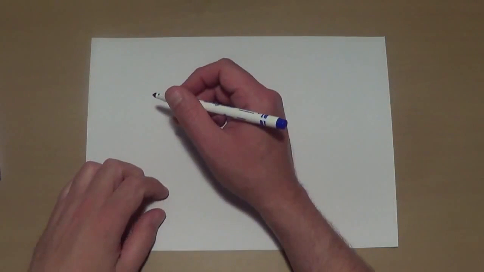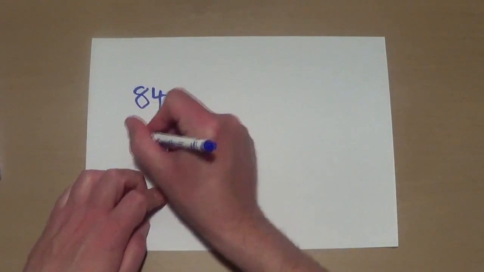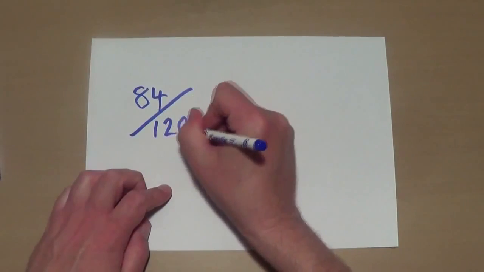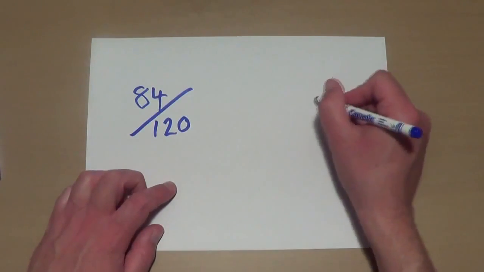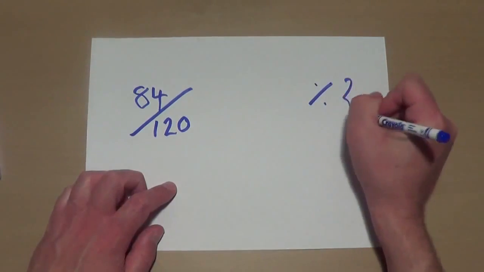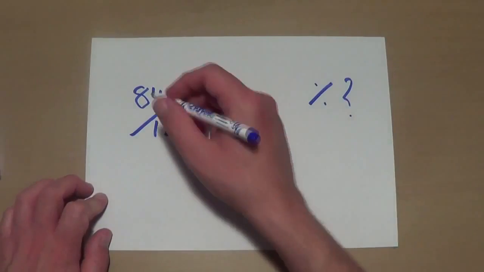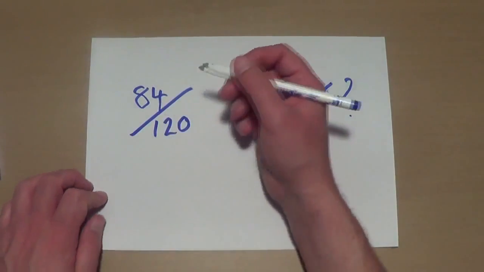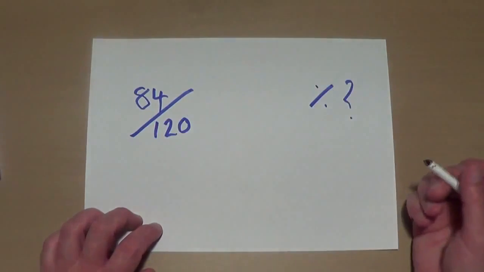A pupil achieved 84 marks out of a possible 120 in a test. What percentage mark did the pupil achieve for the test? Right, okay, so first thing we need to do is break this fraction down to its lowest figure. And I can see straight away, now this will be a giveaway in the test.